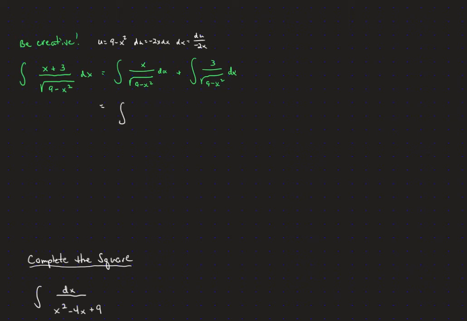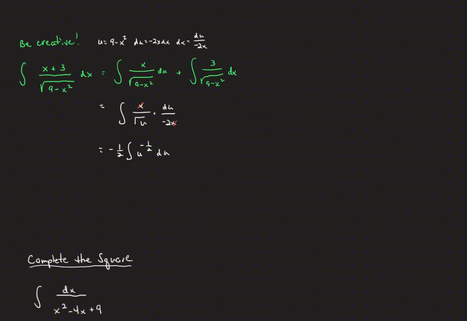So this integral is going to be the square root of u, and the dx will be replaced by our du over negative 2x. We have that x in the numerator to account for those powers of x, and so that is going to become a negative 1/2 integral, and I'm going to call that u to the negative 1/2 du.